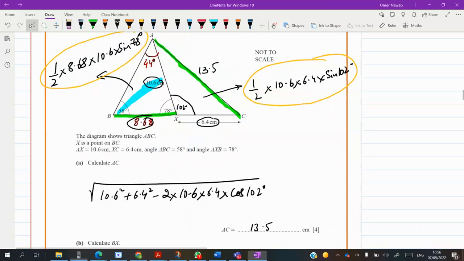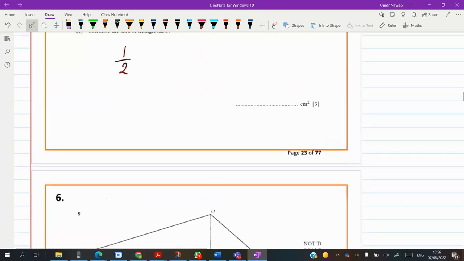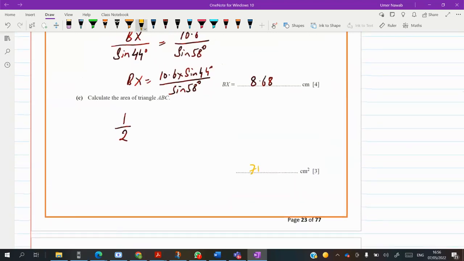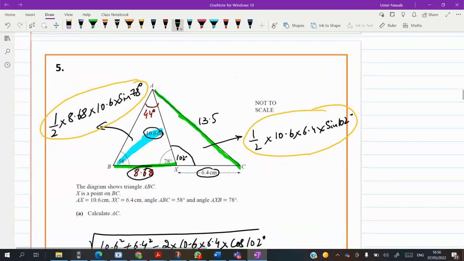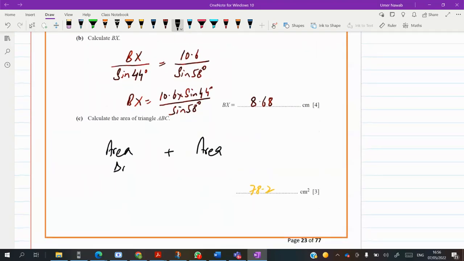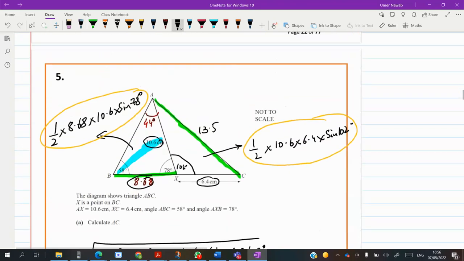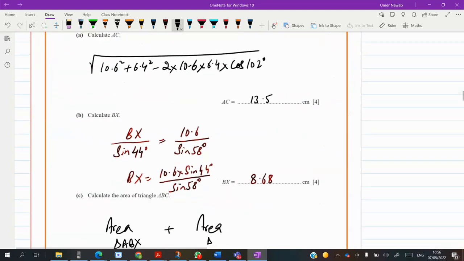So we get the answer 78.2. So we added the two areas. So area plus area, which triangle I took? ABX, and here a triangle ACX.